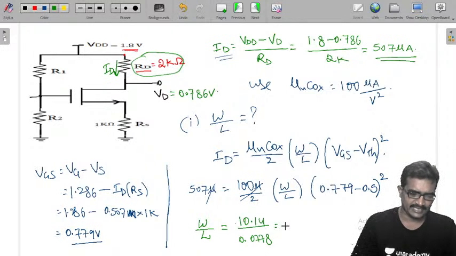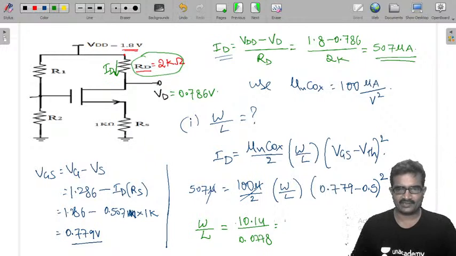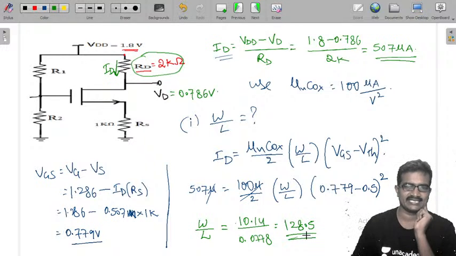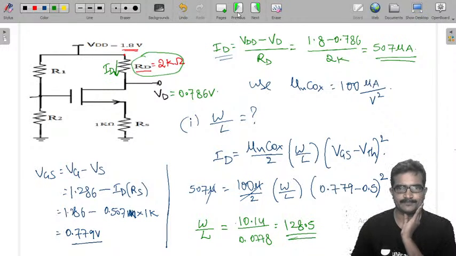So 10.14 divided by 0.0778 is approximately 128.5. That is the W by L value.